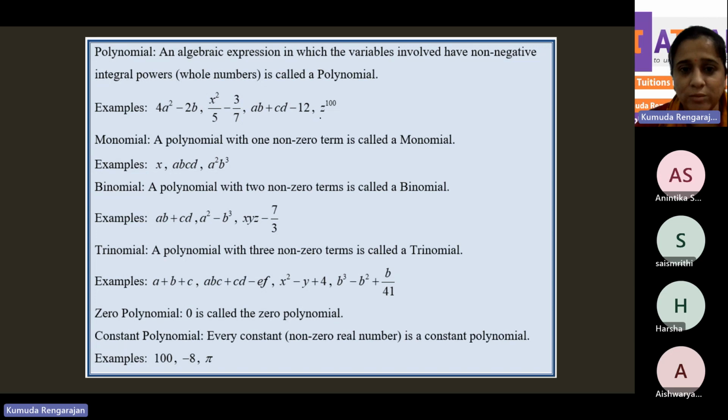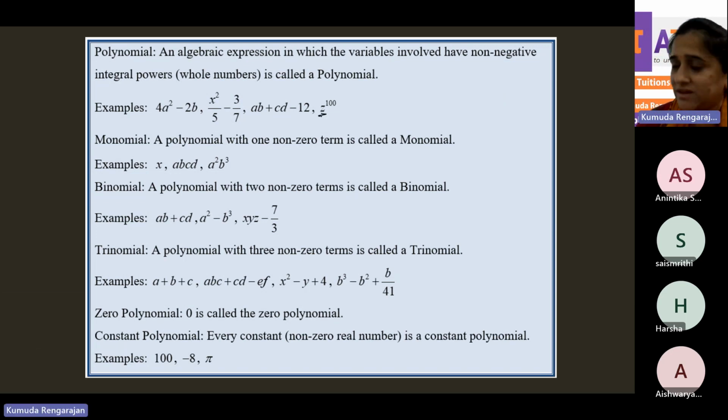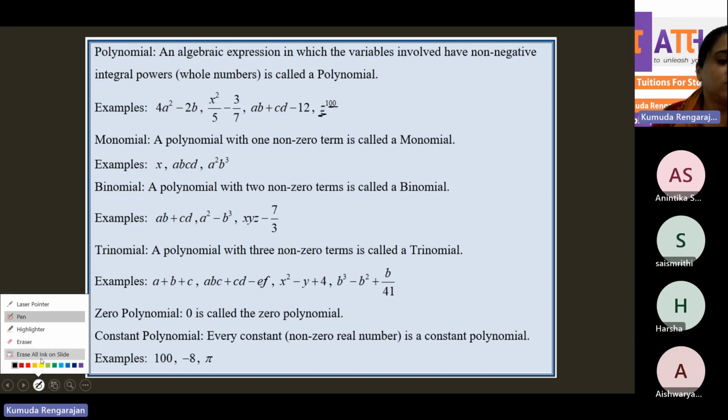See, this itself is a polynomial. z to the power 100 is a polynomial, because it's an algebraic expression; you can see a constant or a variable. Yes, you have a variable z there. Even a constant is an algebraic expression. I told you, simply 7 is an algebraic expression. So the variable is z, its power is a whole number, so it is a polynomial.